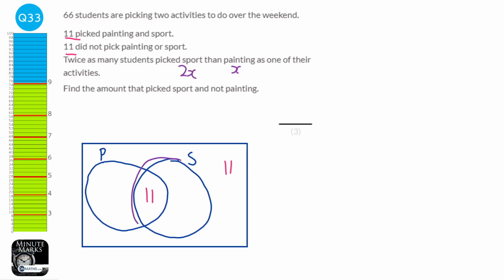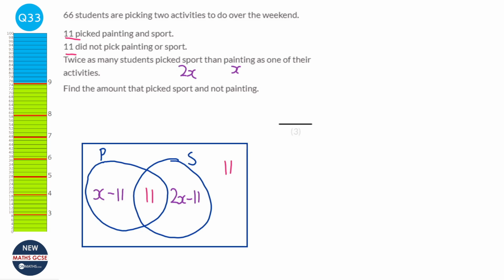But if you look, we've already got a number in the sport, that 11 there. So in algebra, this will be 2X, take away the 11 that we already know about. And the painting is the same. We know the whole thing is X. So we're just going to take away the bit we know there, which is the 11, and it will be X minus 11.